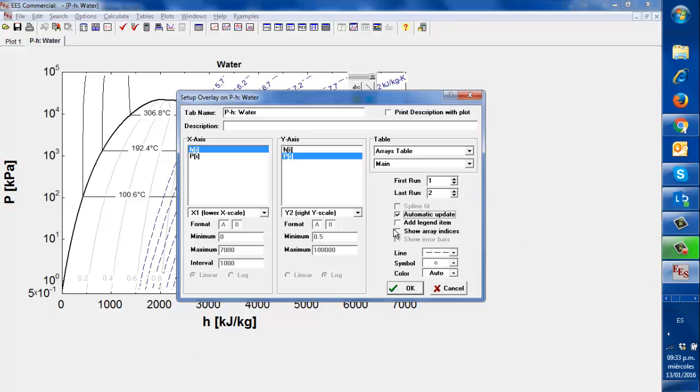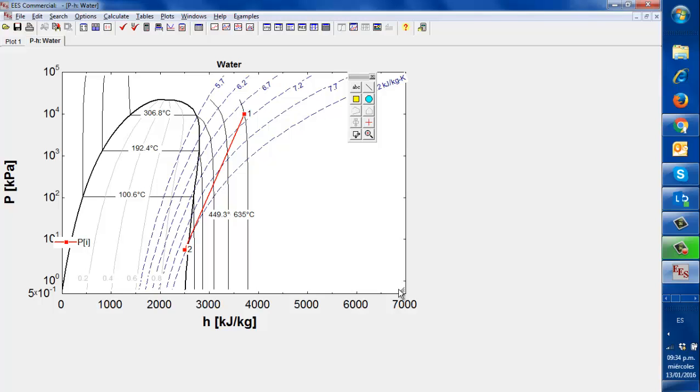I will put an automatic update just in case I change something, and I will have a line with this, and I will have it red. Okay, so right now it's just a line, but you can do it for a cycle. In the homework you are asked to do it for a cycle.